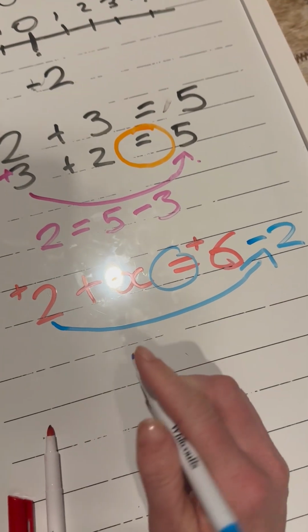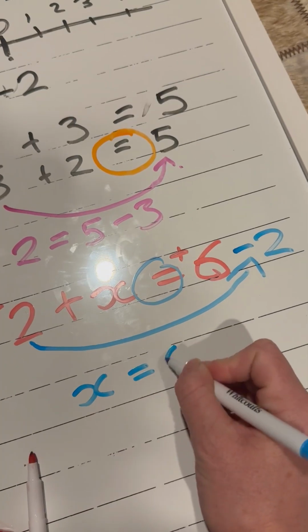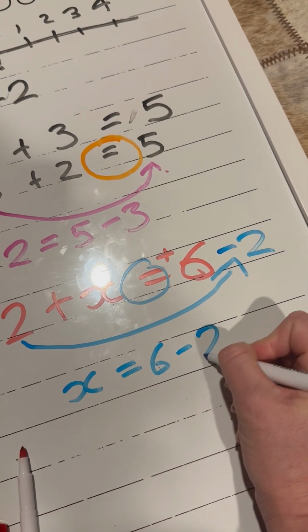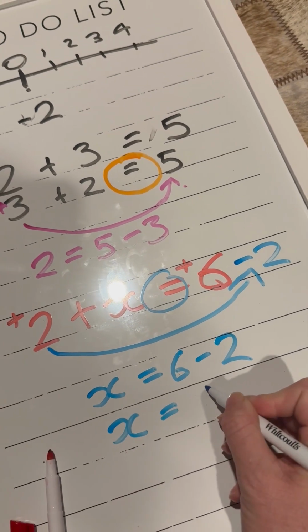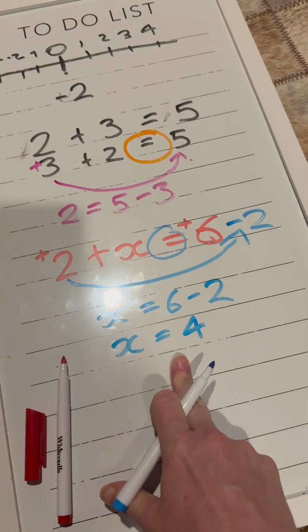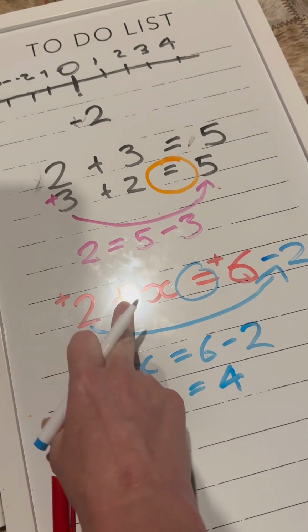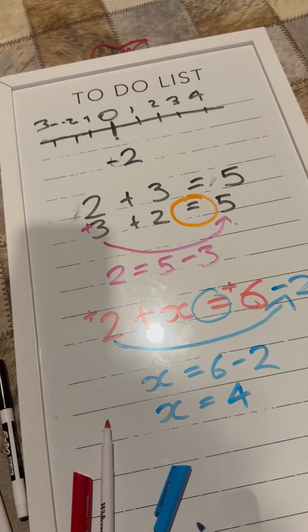So now we have x on its own equals 6 minus 2. X is equal to 4. And because we're going to check it, we go back to our original: 2 plus 4 equals 6. Bam, algebra.